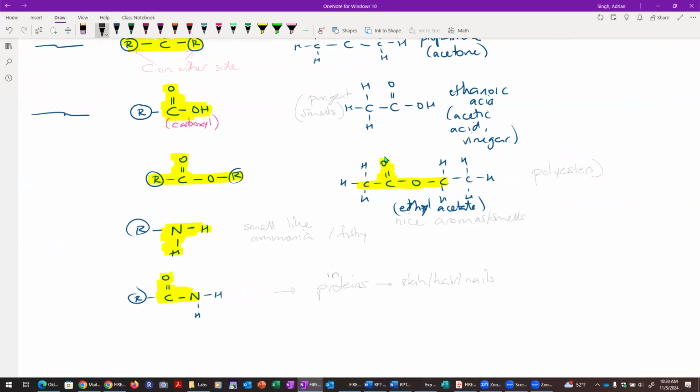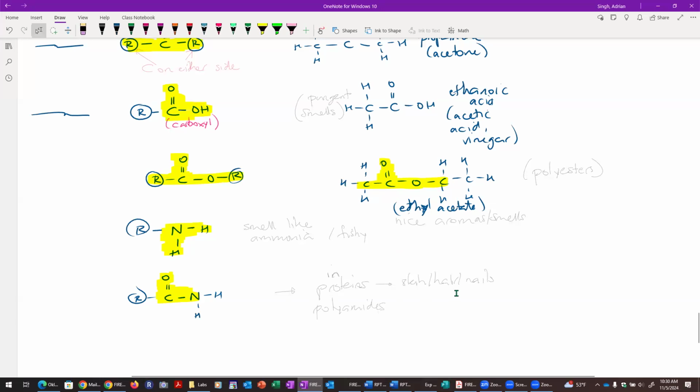A polyester is just a polymer, a really large molecule that has many of these ester links that connect different parts of it together. Polyester is commonly used in clothing, for example. And then your proteins also contain many of these amide links. These are polyamides.